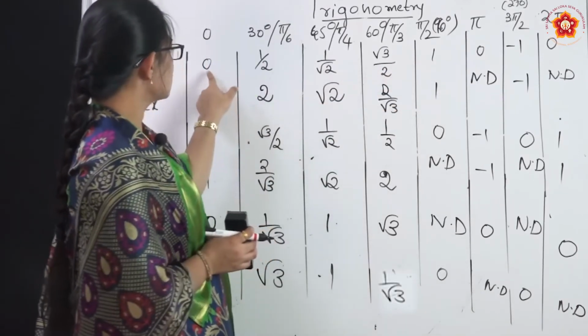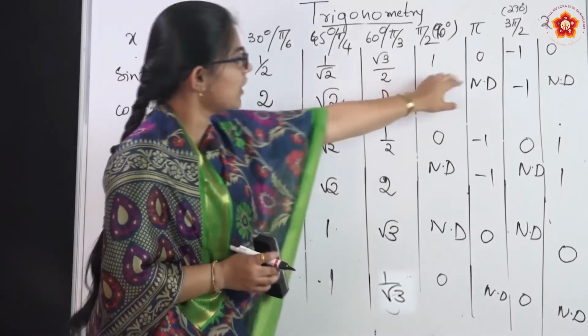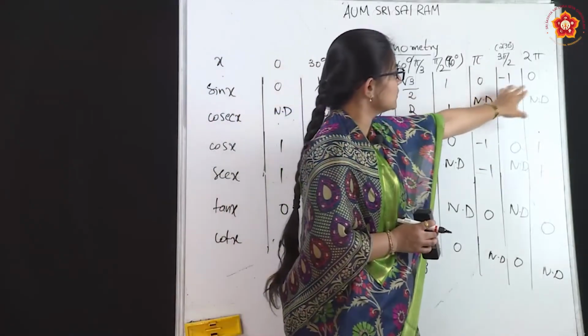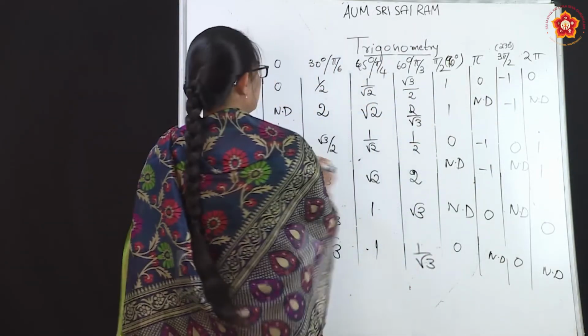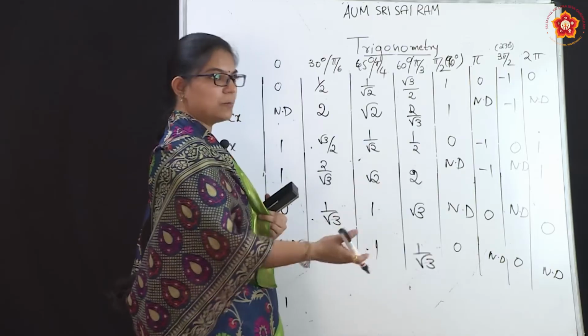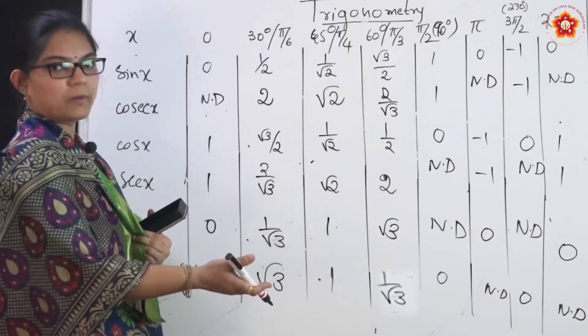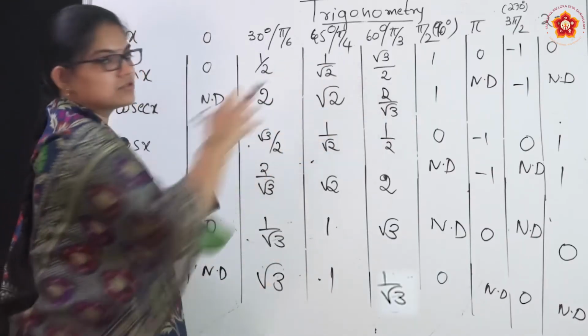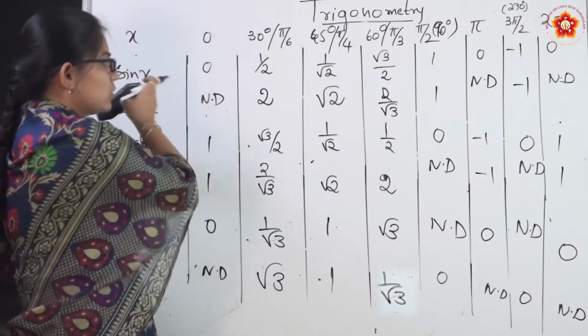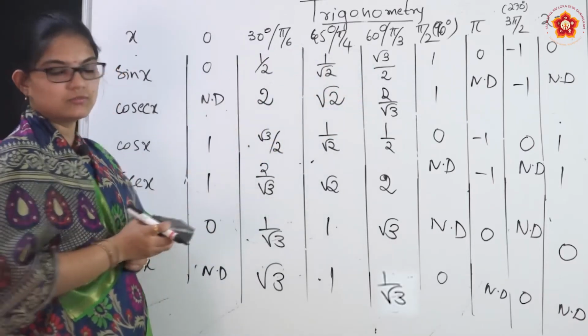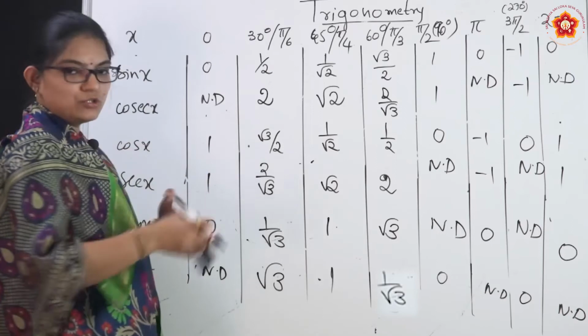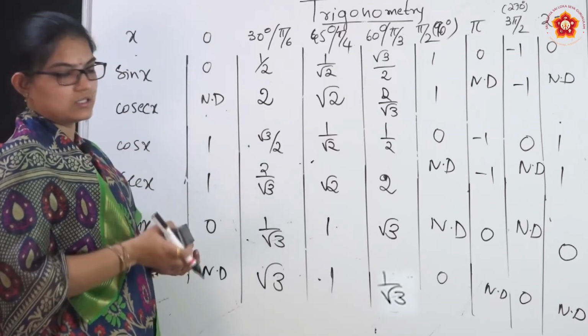So, you can see 0, 0.5 this one. And later you get 0, minus 1, 0. And if you exceed 2 pi, you will get again these values only, because sin of 2n pi plus x will be sin x.